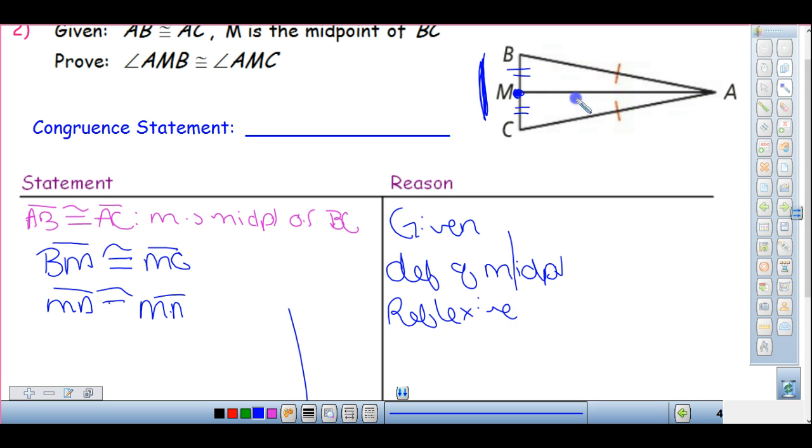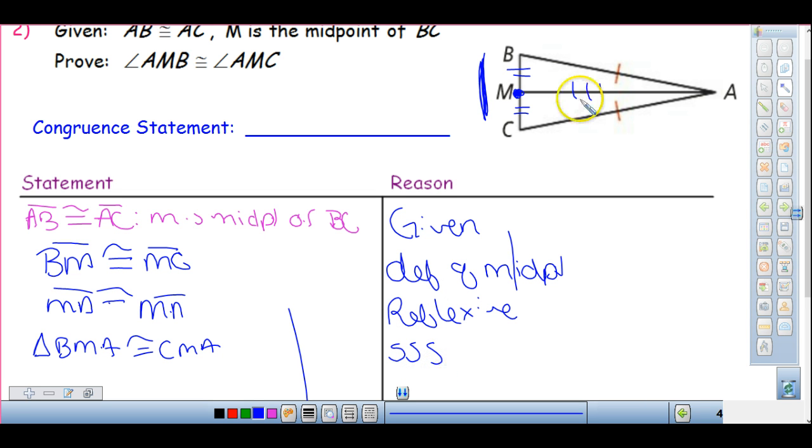So boom, boom, boom. Now can I say that the two triangles are congruent? I can. I can say that triangle BMA is going to be congruent to triangle, what goes with B? CMA, because of, why? We have three sides. So side, side, side.